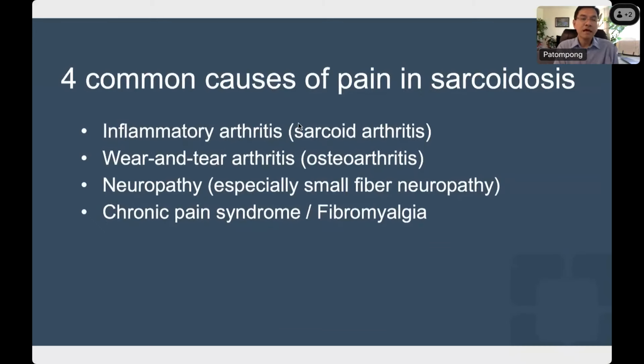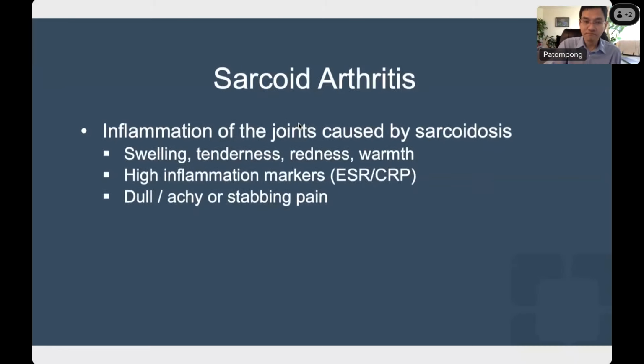Today I will talk about 4 common causes of pain in people with sarcoidosis, including inflammatory arthritis or sarcoid arthritis, wear and tear arthritis, or osteoarthritis, third, neuropathy or pain from the nerve, especially small fiber neuropathy, and last, chronic pain syndrome or fibromyalgia.